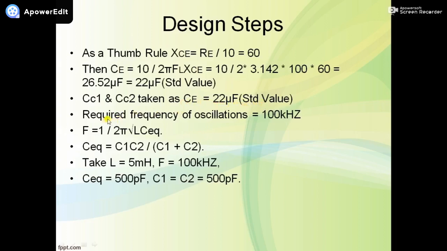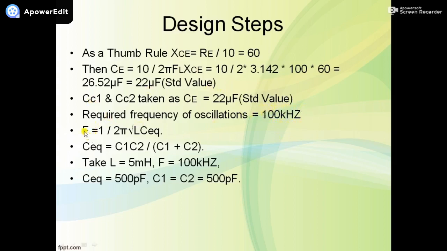Next, whatever frequency of oscillation the Colpitts oscillator generates, we consider 100 kilohertz. This is our requirement, the theoretical frequency of the oscillations.